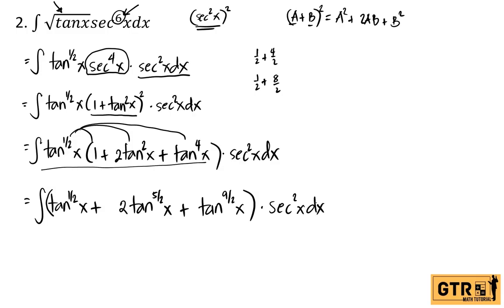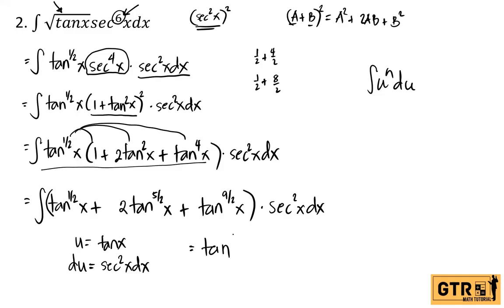So now we can use the integral of u to the n du, since our u here is tangent x, and we know that the differential of tangent x is secant square x dx. So we don't have a neutralizing factor. We just need to add 1 to the exponent and then copy it in the denominator. So we have 1/2 add 1, so we have tangent raised to 1/2 plus 1, or 2/2.